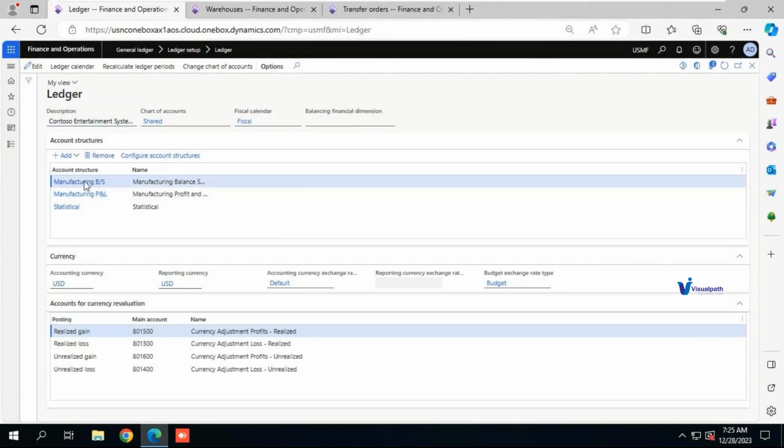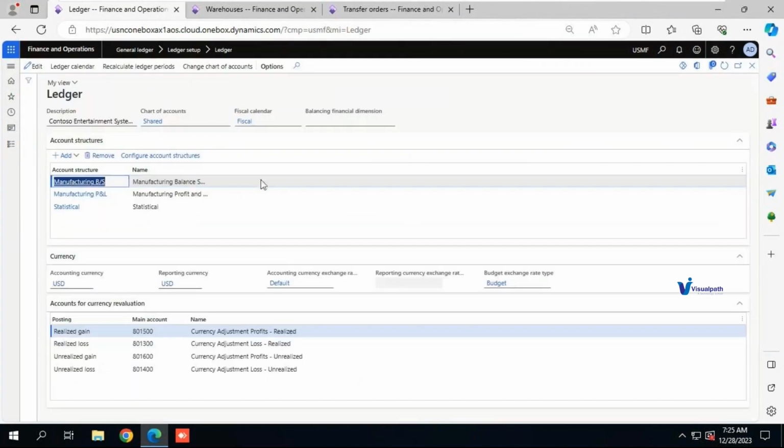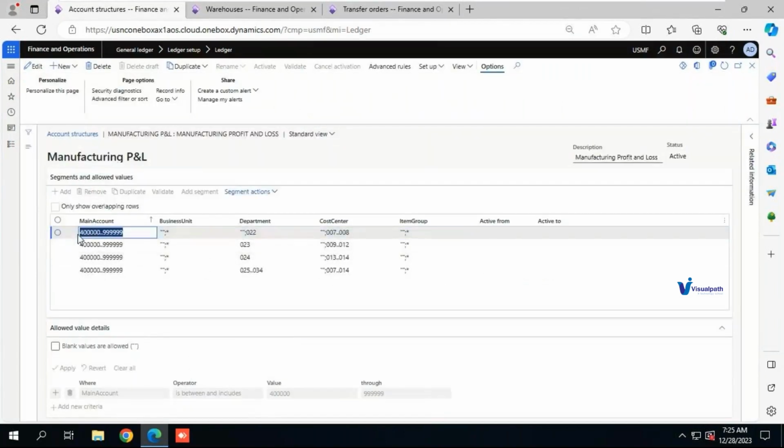In this manufacturing BS, the account numbers are 10002399999. We have mapped business unit and department. And one more structure, manufacturing P&L. In this, 40002499999, business unit, department, cost center, item group, investment.